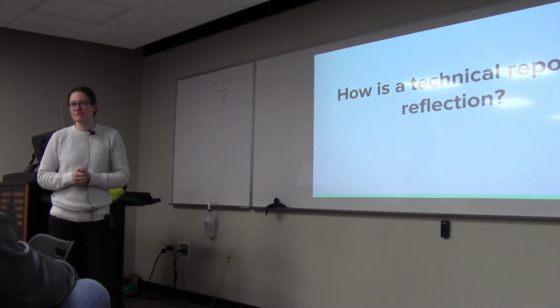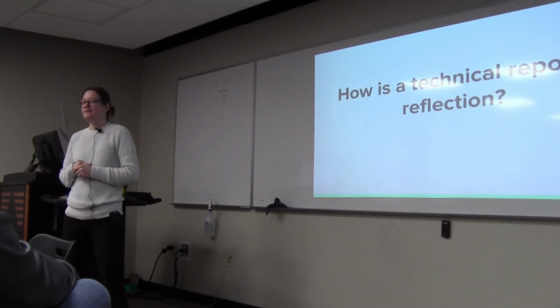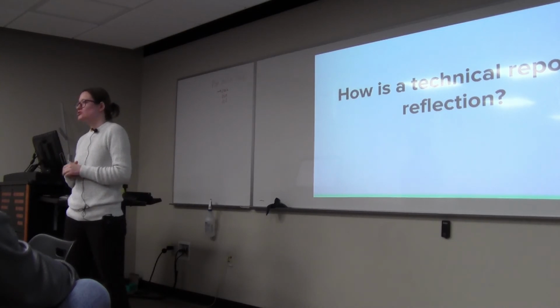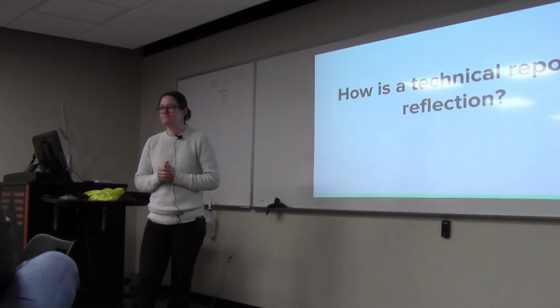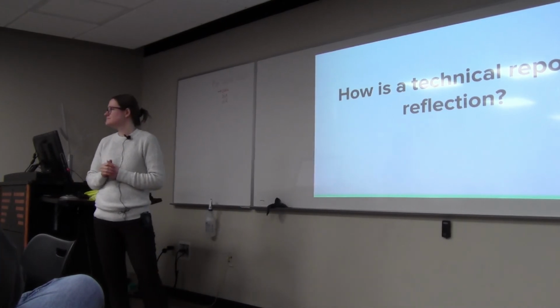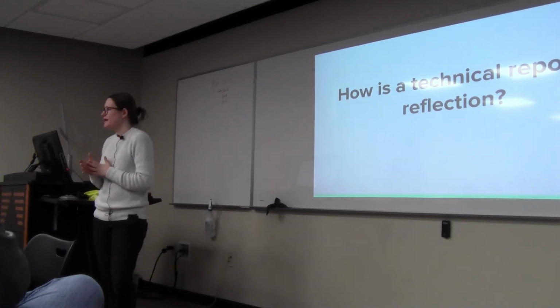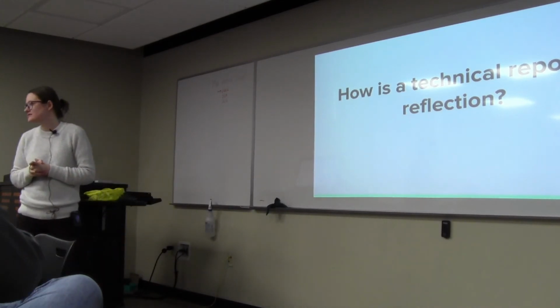I have a few questions for you though, to see how you're thinking about reflection, see if you're comprehending. So, how is a technical report a reflection? Feedback? What do you mean by feedback? Situation?